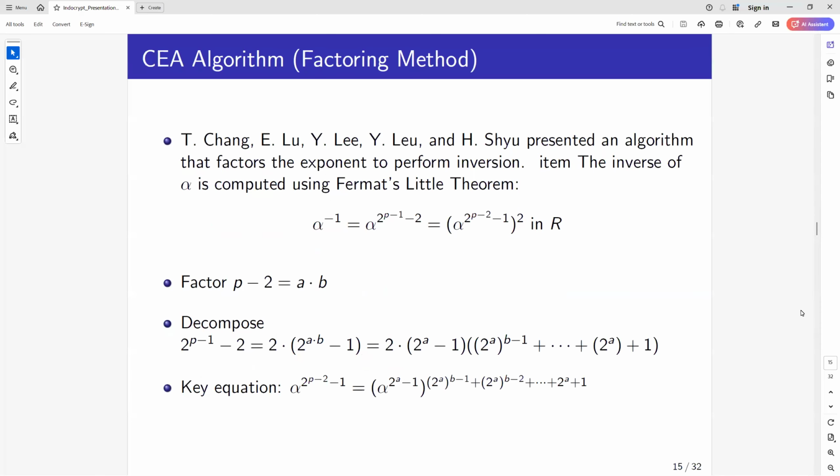The first one is the CE algorithm. What does the CE algorithm do? It just factors the exponent p minus 2 into a times b. They decompose by the factorization of 2 to the power p minus 1 minus 2, and then it only has to do alpha to the power p minus 2 minus 1. This exponentiation, together with the squaring, can find the inverse of alpha.